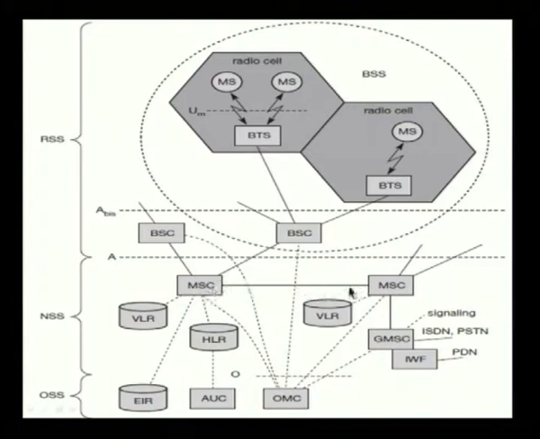Now, this line says that many MSCs can be connected together, and MSCs are connected with the outside network, other fixed networks like PSTN, ISDN. This kind of interconnection is also supported by the GSM, and this is the special interface A. This A interface specifies the connection between the mobile switching center and the BSC.